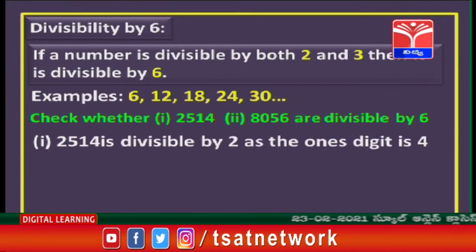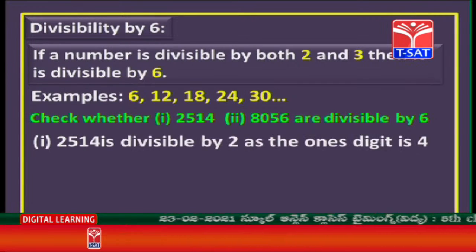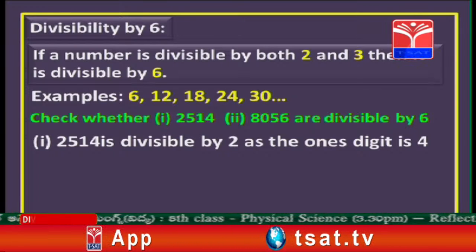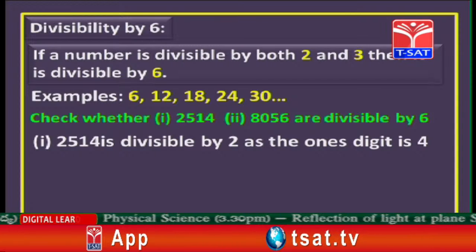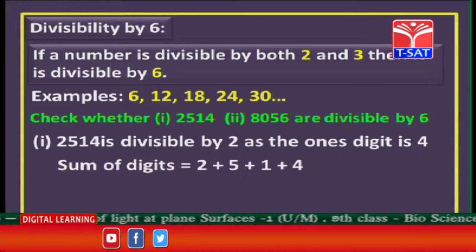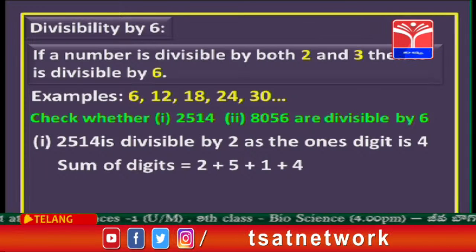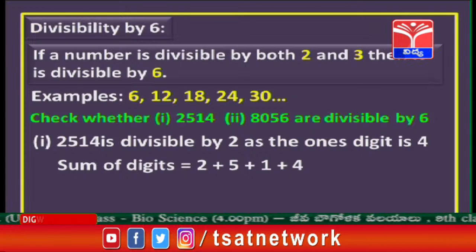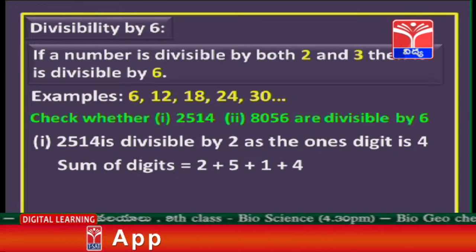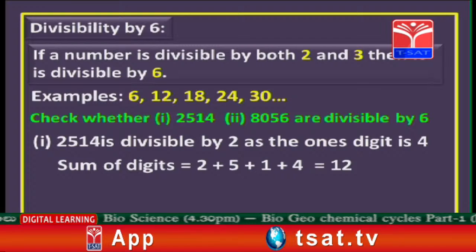So, let us consider the first number, that is 2514. Now, this number is divisible by 2 as the ones digit is 4. We have already learned the divisibility by 2. Now, we will check whether this number is divisible by 3 or not. For that we will consider the sum of the digits, that is 2 plus 5 plus 1 plus 4. What do you get, children? Yes, adding them you get 12.